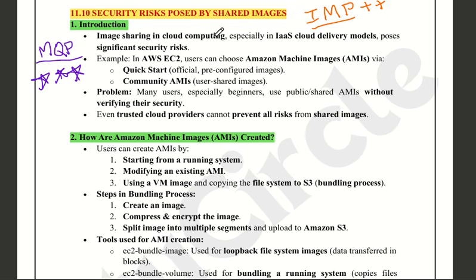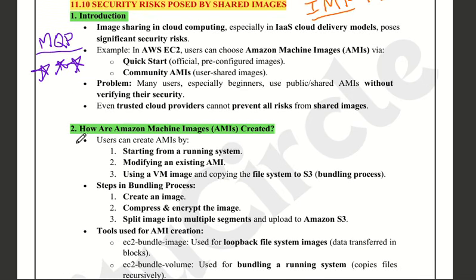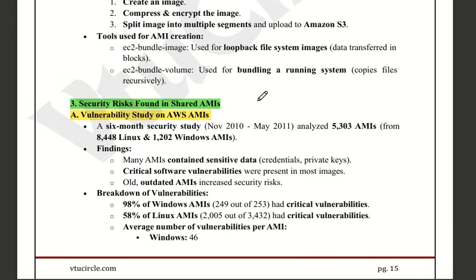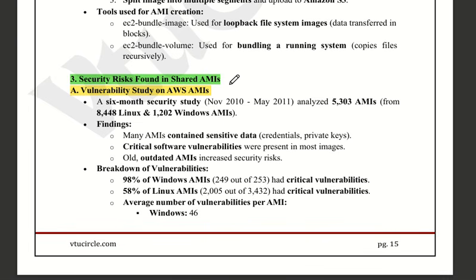In the shared image we have one key term, AMI, Amazon Machine Image. Based on that, how are Amazon Machine Images created, why do we need them, and what security risks are found in shared AMIs.